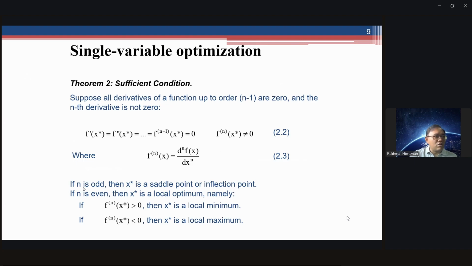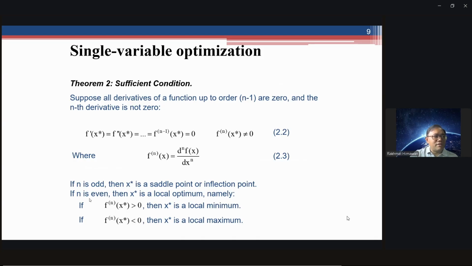If n is odd, meaning 3, 5, 7, right? So you do it until 5 times of the derivative. Then x star is a saddle point or inflection point.